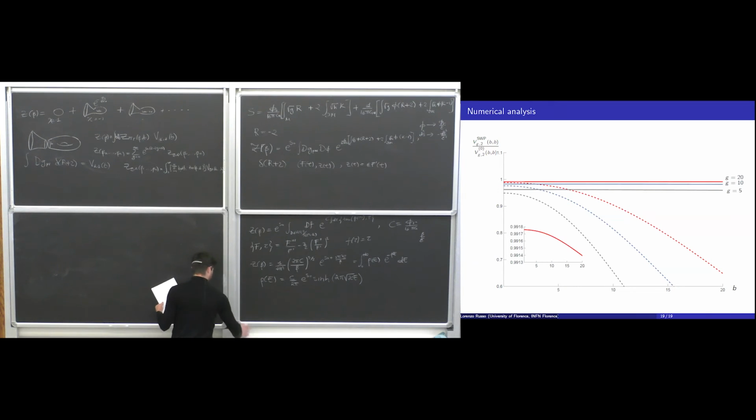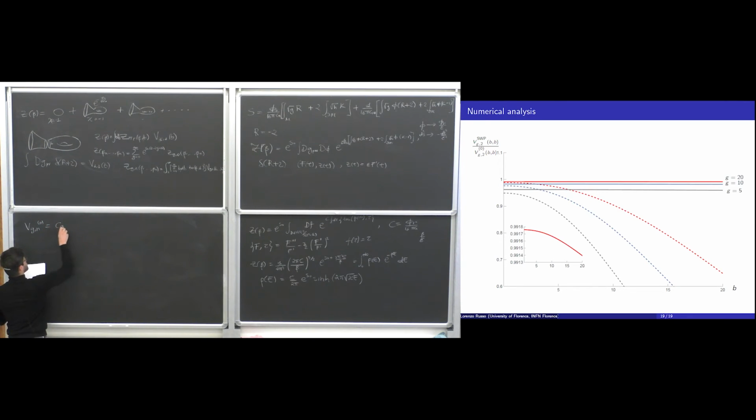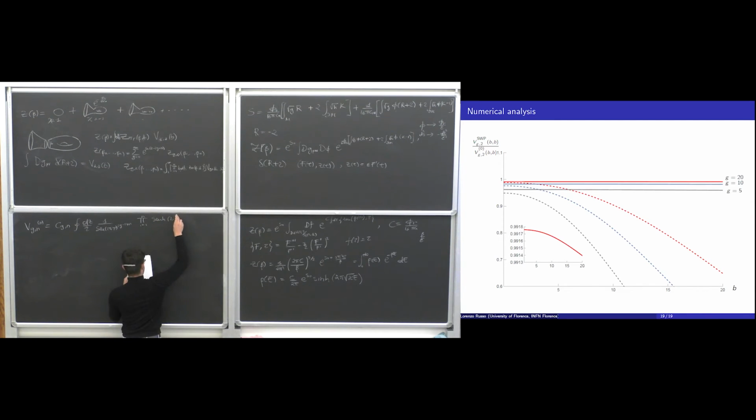The idea is to start from this ansatz for the asymptotic of the volumes with some unknown coefficients, here dz over z, 1 over sine 2 pi z to the 2g minus 2 plus n, and here the product of the sinh functions.